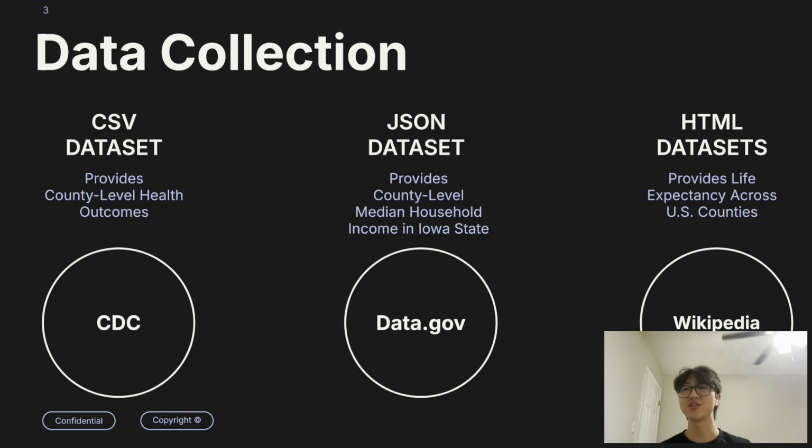This allowed us to compare economic conditions with health outcomes across counties. Finally, we collected life expectancy data from publicly available HTML tables on Wikipedia to include another important measure of overall health.